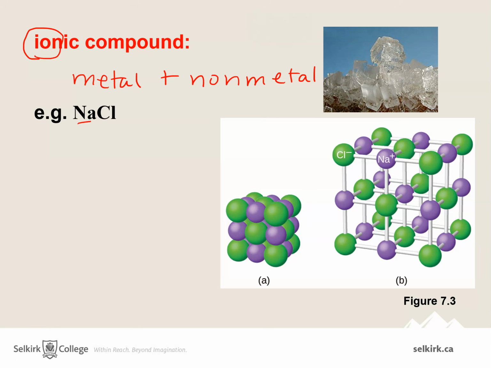On the left of that zigzag dividing line, that's a metal, and chlorine's on the right-hand side. So because I have a metal and nonmetal together, this is an ionic compound. And we'll review how I know that the charge on the sodium ion in the compound is 1+, and the charge on the chloride is -1. That's coming for now.